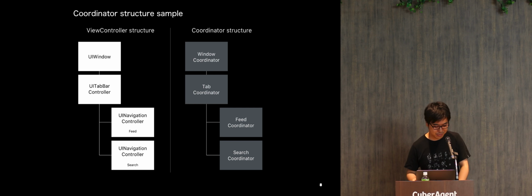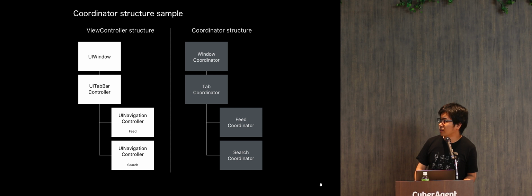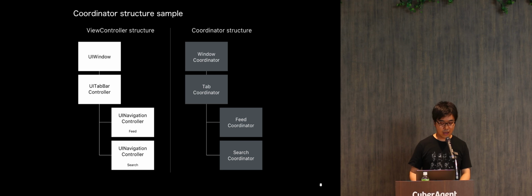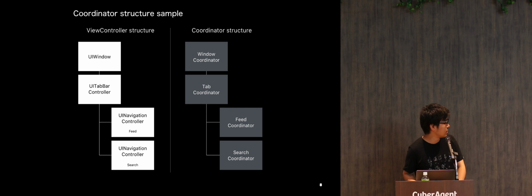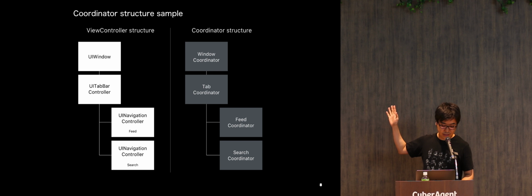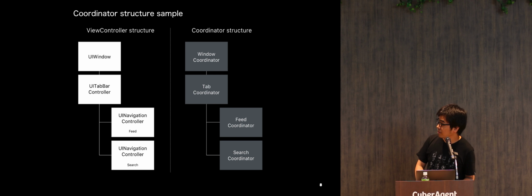This is kind of my opinion: I think it's very understandable if the coordinator hierarchy is exactly the same as the view controller hierarchy. For example, take an app that has a tab bar controller, and the tab bar controller has two tabs, and each tab has navigation controllers. So if the view controller structure is like this, the coordinator structure should be just the same as the view controller structure.